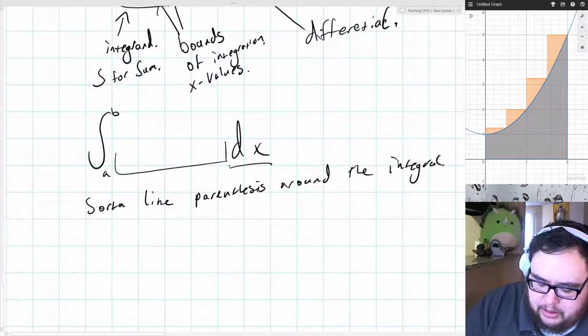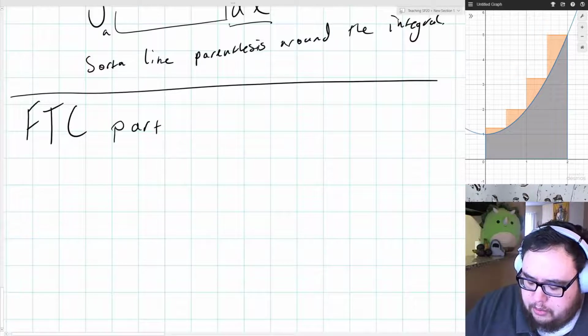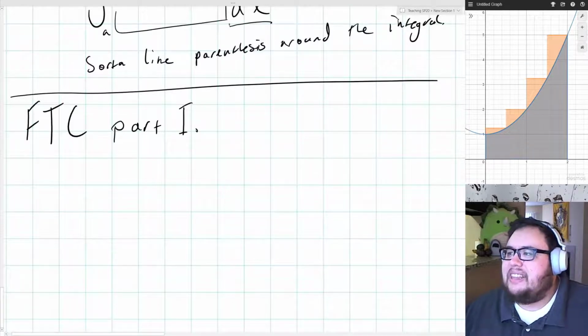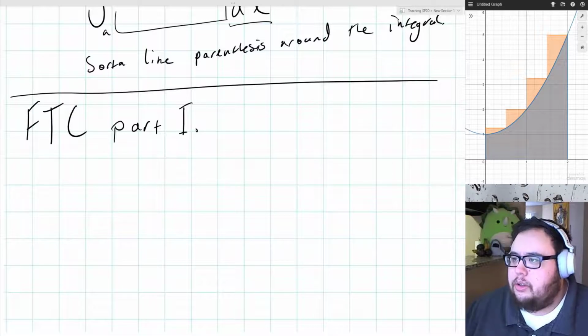So back to the fundamental theorem of calculus, which I'm going to abbreviate as FTC. There are two parts to the fundamental theorem of calculus. The first part is what really truly relates a derivative to an integral, okay?